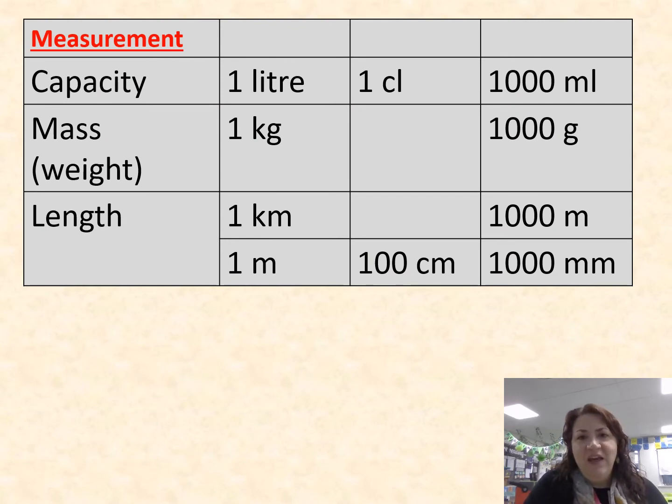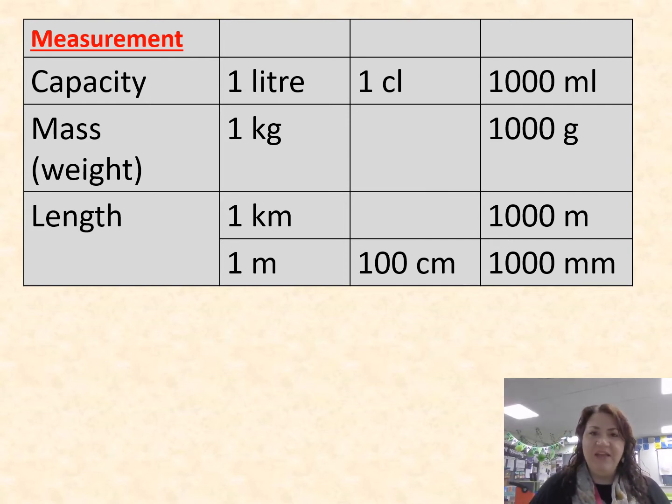And finally, here are the units we've been looking at, just to show you how many are in each. We've mainly concentrated on length this week. Tomorrow we're going to have a look at capacity and mass together in our live lesson. But in 1 litre, there are 1,000 millilitres. Remember, milli means 1,000. In 1 kilogram, there are 1,000 grams.